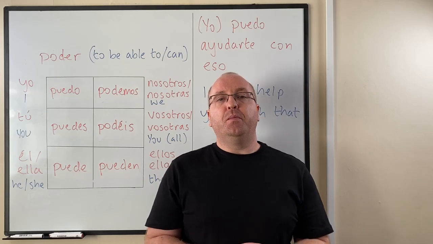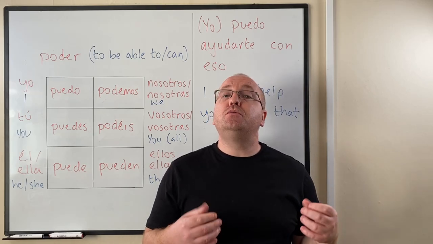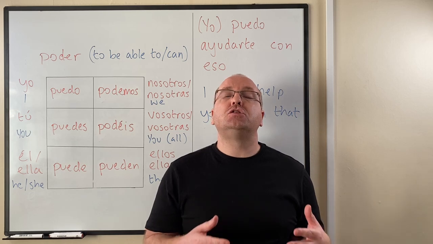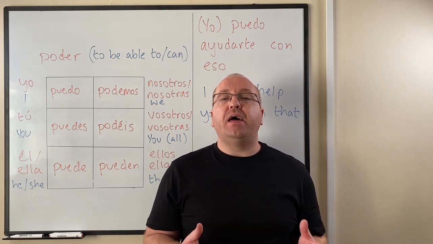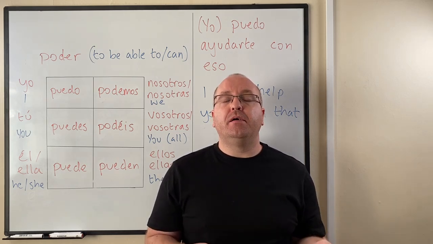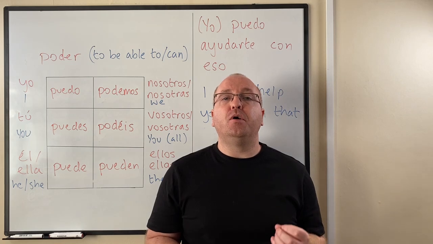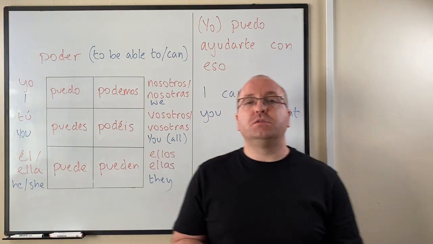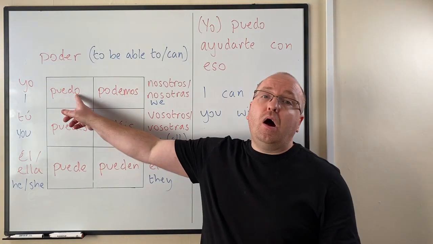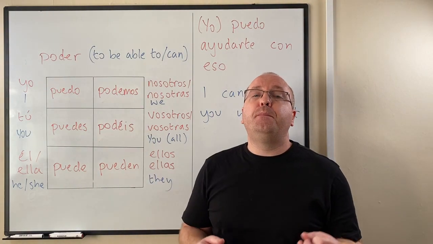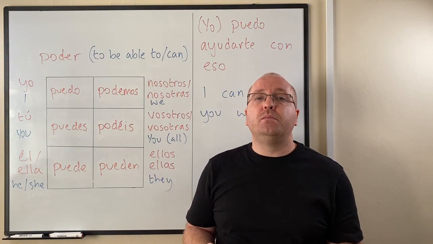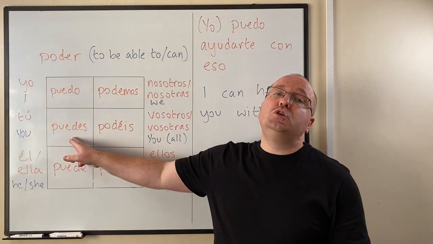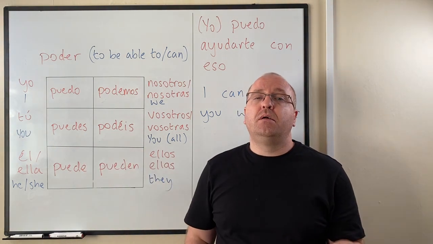Okay, so the next verb that we're going to learn is the verb for to be able to, or can, just the word can. And that verb in Spanish is poder. Now let's look at it in the conjugated forms. I'm able to or I can, puedo. You're able to or you can, puedes.